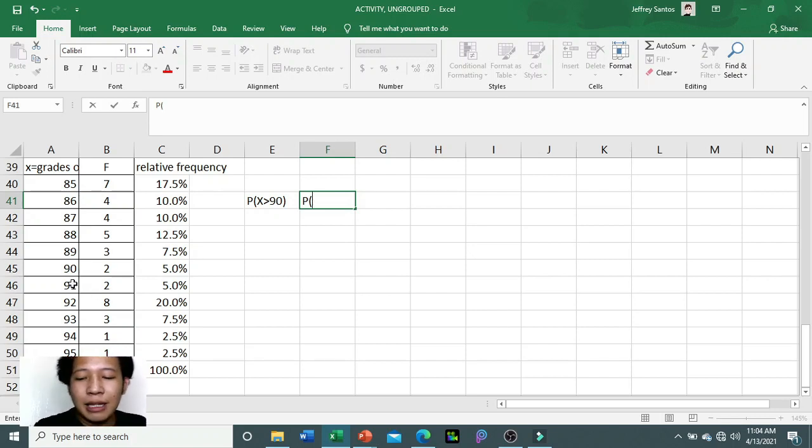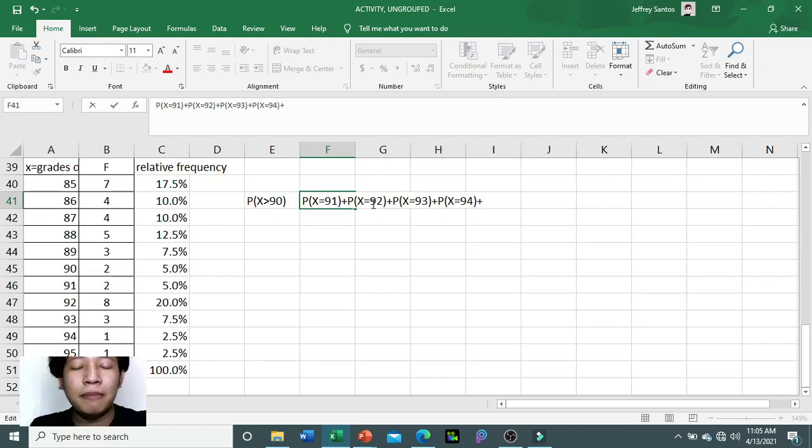the probability of a student na merong 91, plus the probability of getting a student, sorry, may equal sign po ito. Ayan. Probability of getting a student na may 91 na grade, probability of a student na merong 92 na grade, plus the probability of a student na merong 93 na grade, plus the probability of a student na merong 94, kasi yun yung mga greater than 90, di ba?